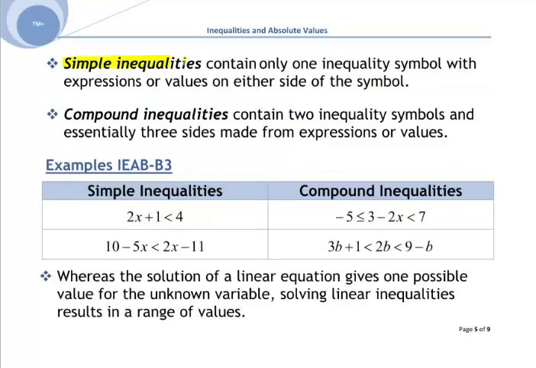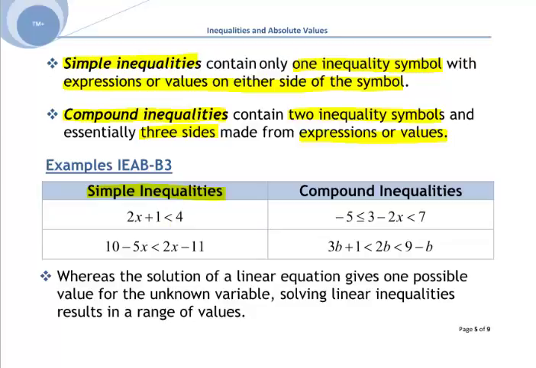The simple inequalities contain only one inequality symbol. So we have expressions or values on either side of that symbol. So we essentially have two parts. In contrast, compound inequalities contain two inequality symbols. So there's essentially 3 parts of the expression or value. So if we look here in this column, we have simple inequalities.